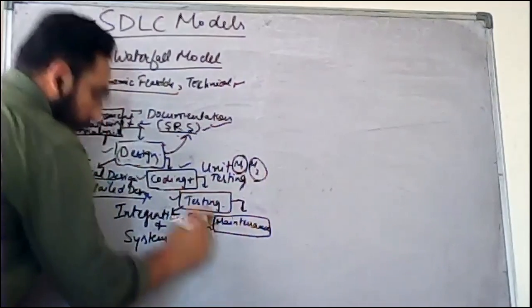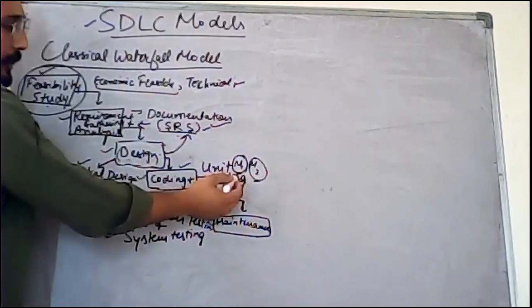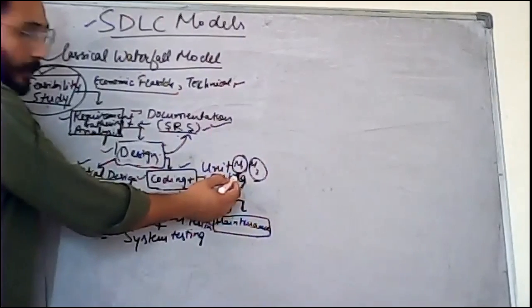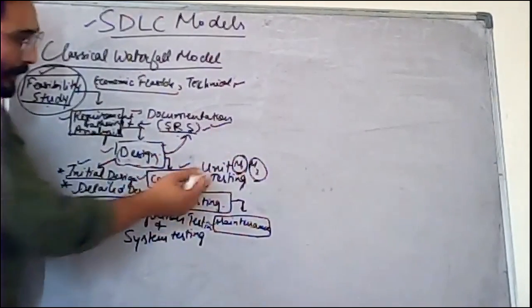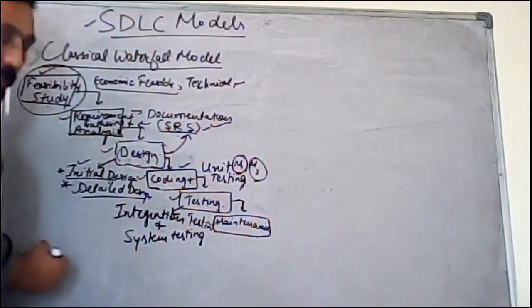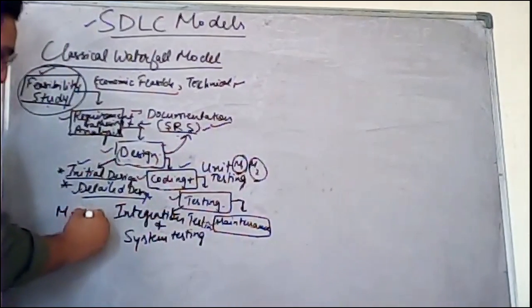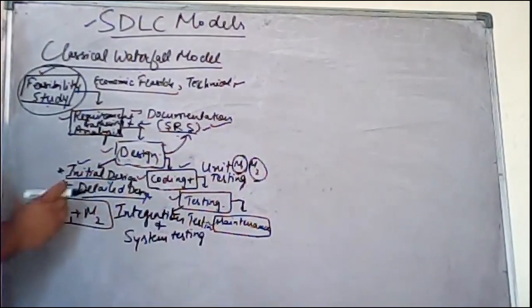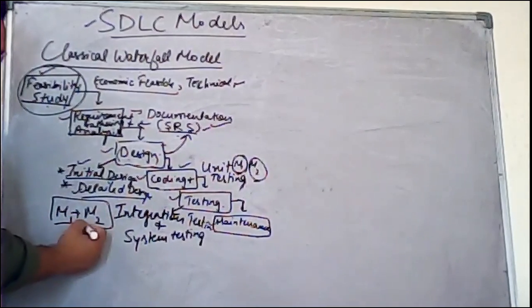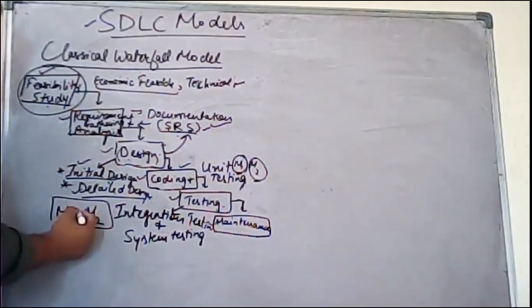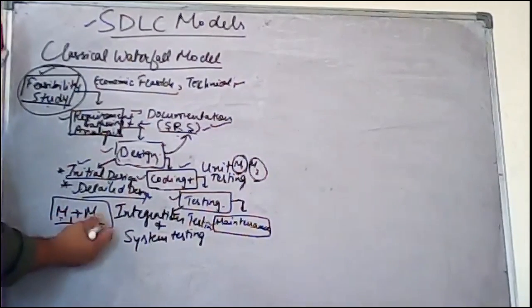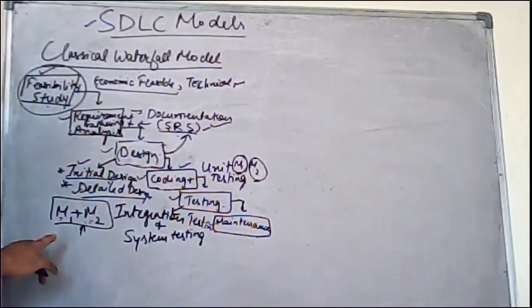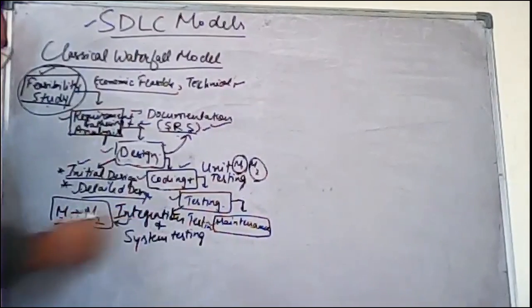In previous unit testing we test a single module at a time, but in integration testing we will combine the modules. We will integrate these modules and then perform testing on them, on their interface. If there is functionality between two modules and they are dependent on each other, we will test both modules integrated. That is your integration testing.